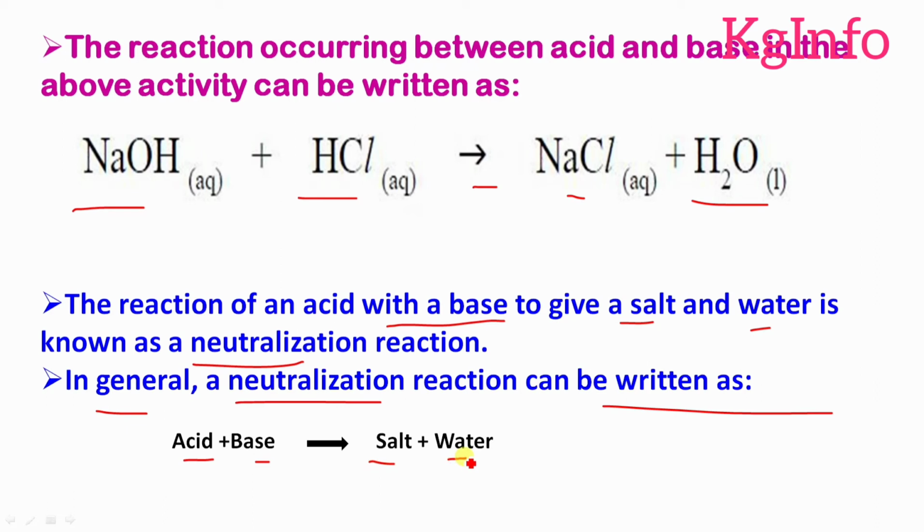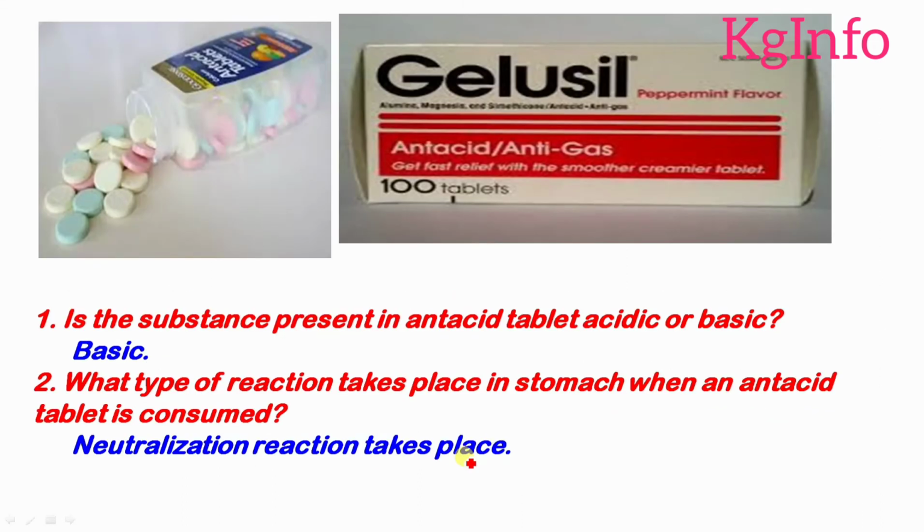Now what is a day-to-day life example of neutralization reaction? Where do we observe neutralization reaction in our day-to-day life? A very good example, children, is acidity. Some people suffer from acidity. What is acidity, children?